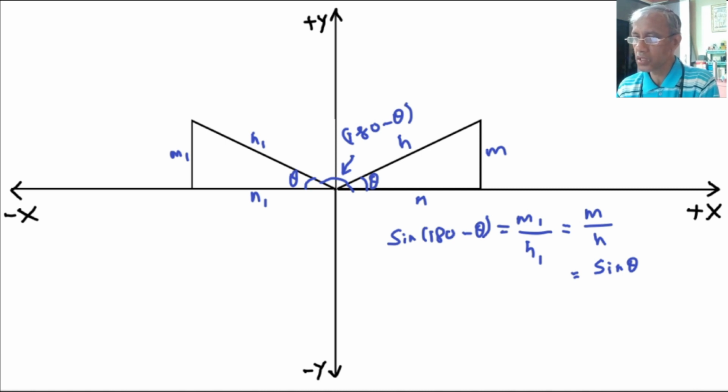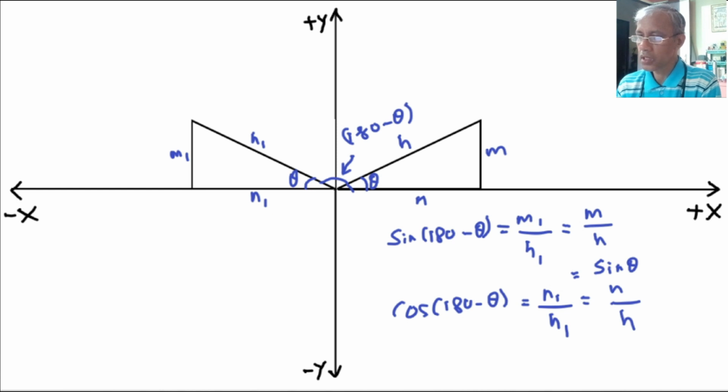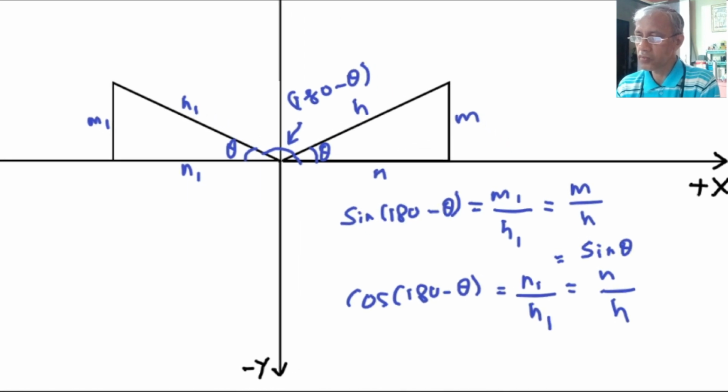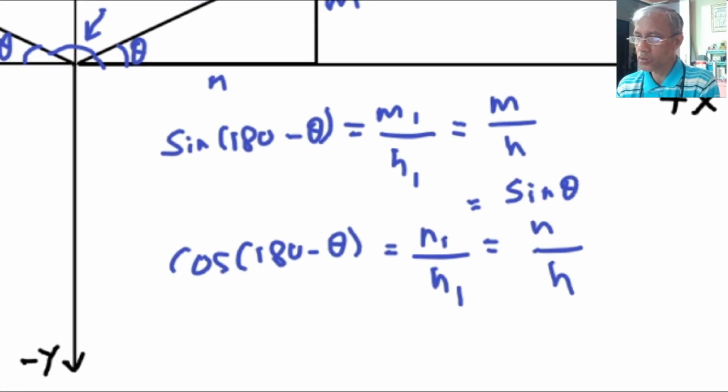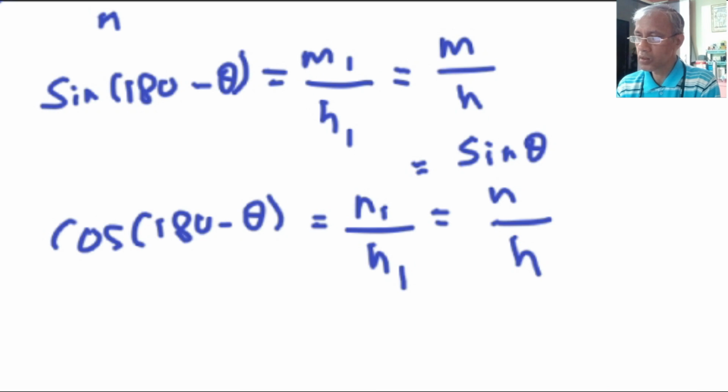Cos of 180 minus theta, base in the second quadrant N1 upon the hypotenuse H1, that is equal to the N by H. Now we can see that N1 is in the negative side of the x-axis, so the value of N1 by H1 will be negative of the ratio of N by H. It would be equal to negative of cos theta.